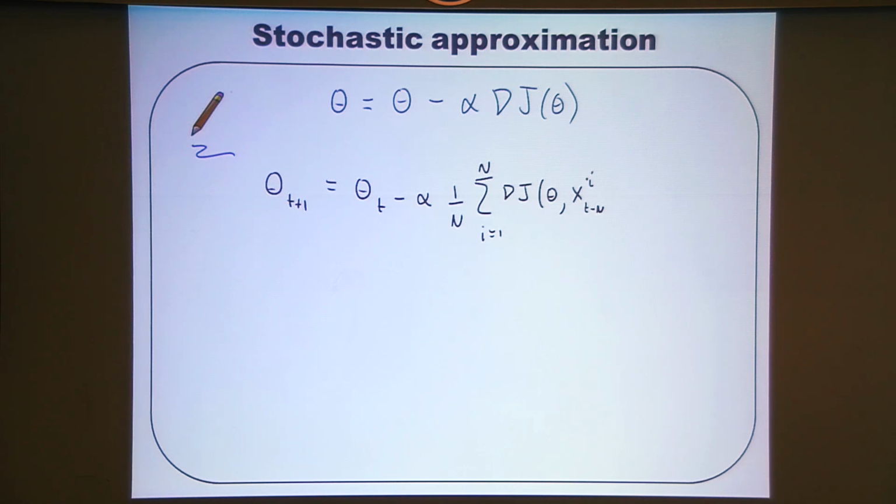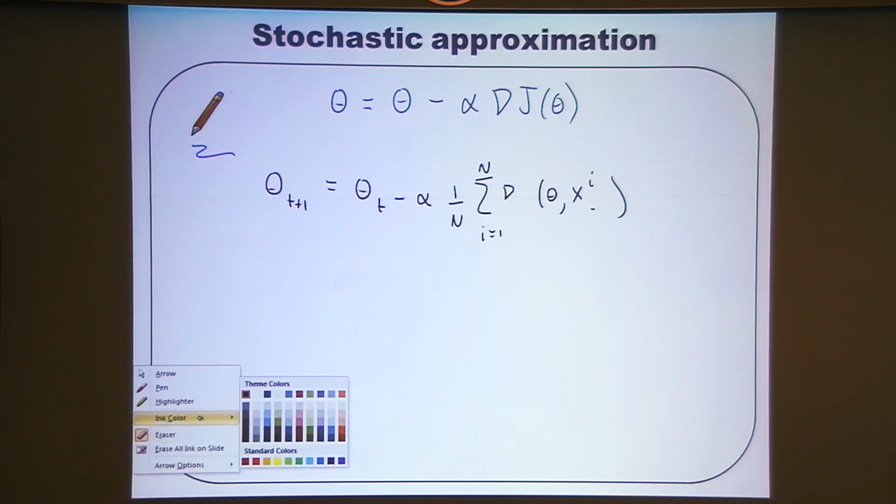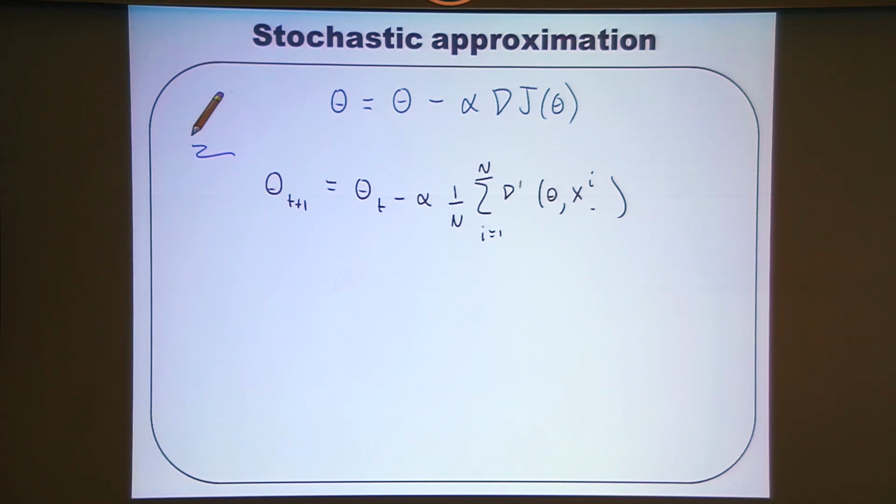Let me just call it x_i for simplicity. Oh, I made a mistake there. Thank you. Okay, so I'm just replacing the gradient by its Monte Carlo estimate.